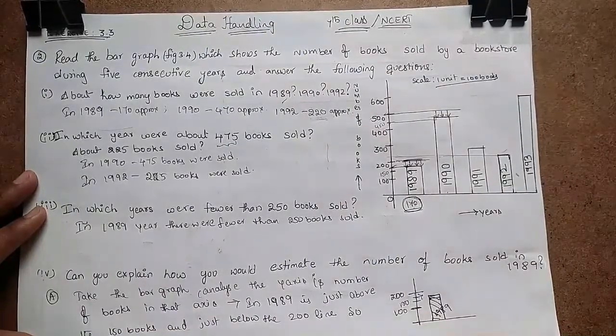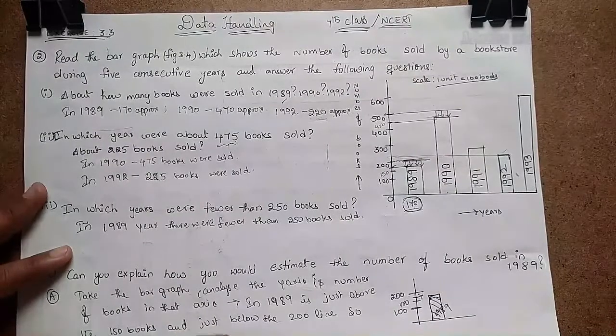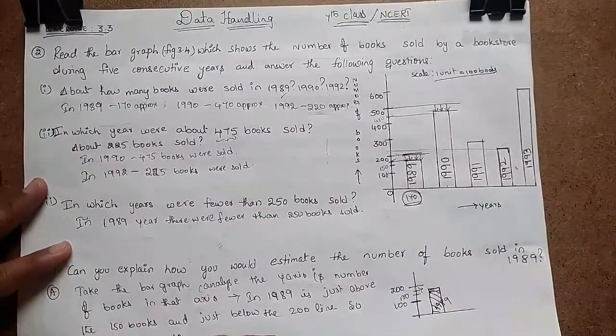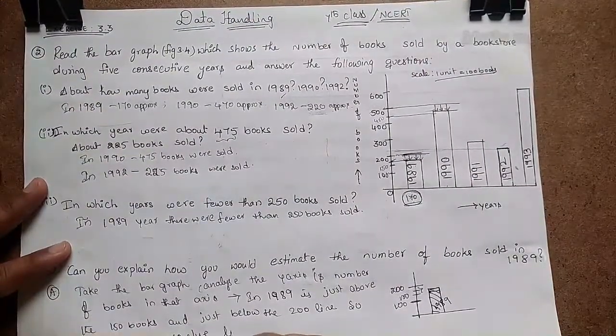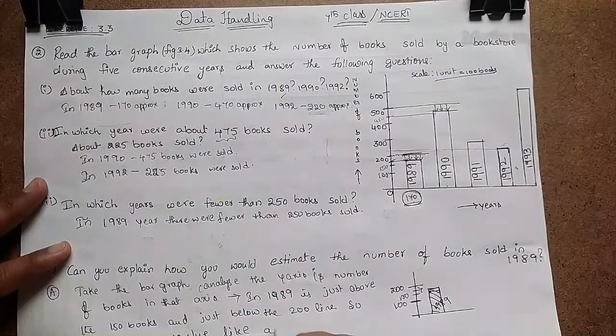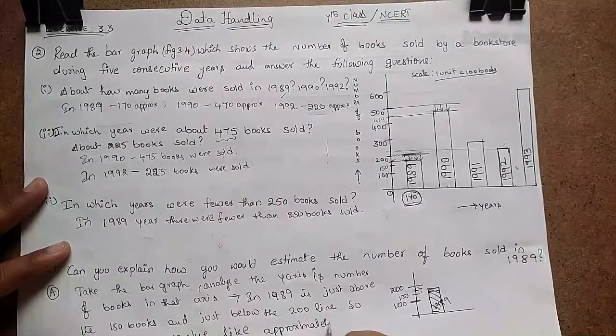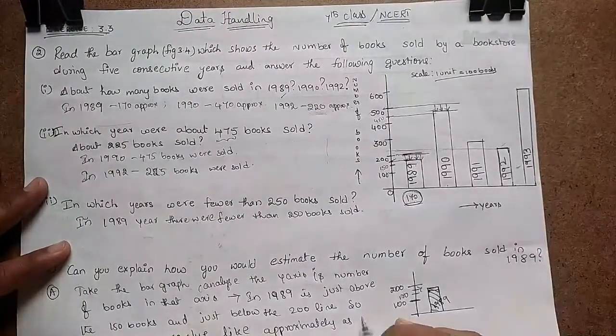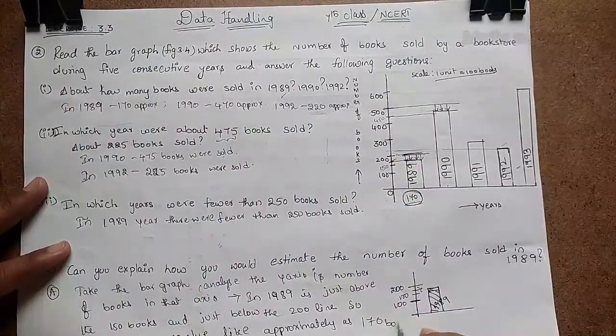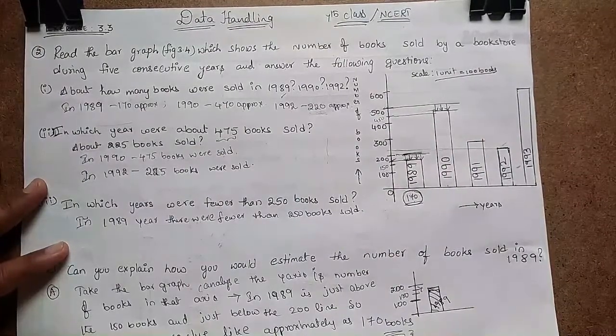So we can conclude approximately 170 books. This was our estimation.